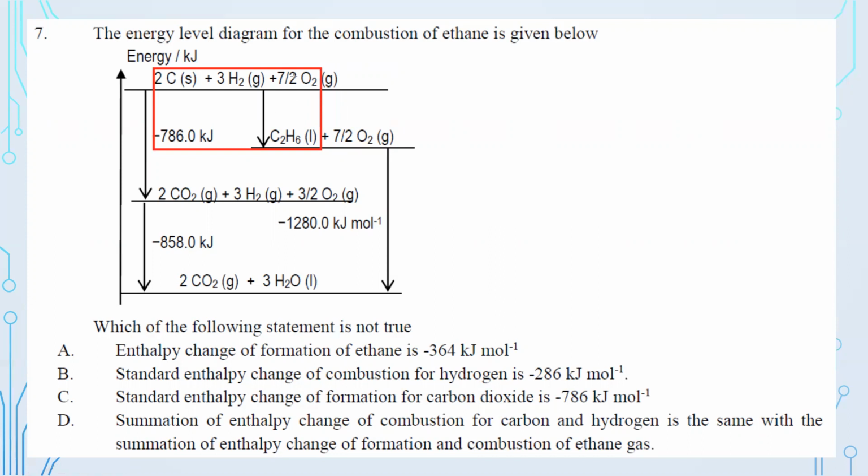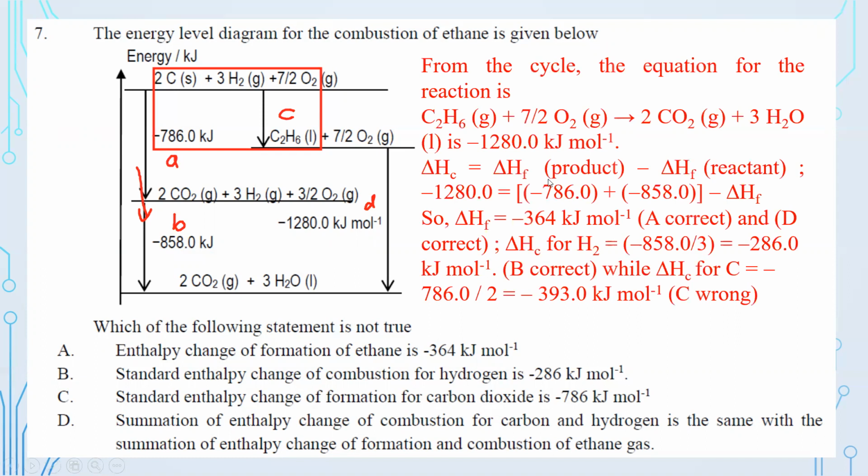You can see from here, Hess's law states that enthalpy change of reaction is the same from one step to a series of steps. So it's like A plus B equals C plus D. Then you can straight away calculate using the answer in here. So here you have negative 1280 equals negative 786 plus negative 580.